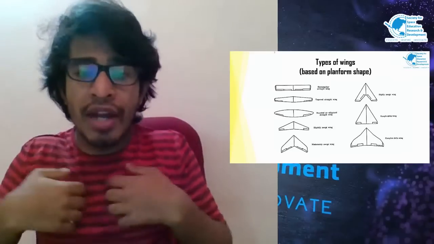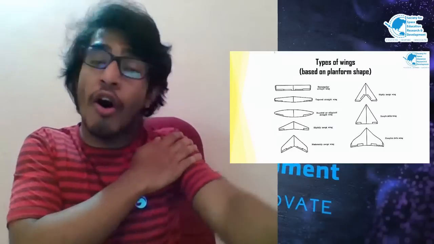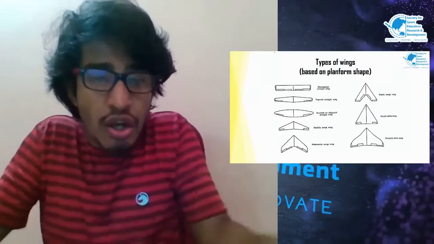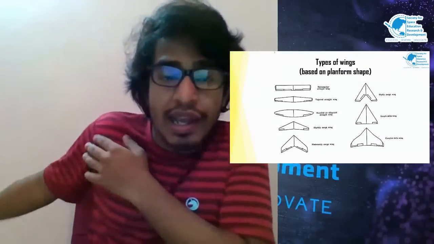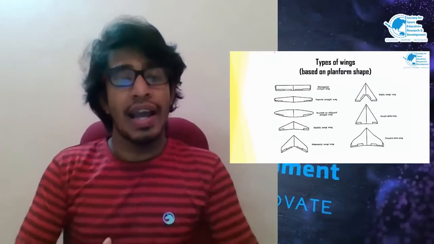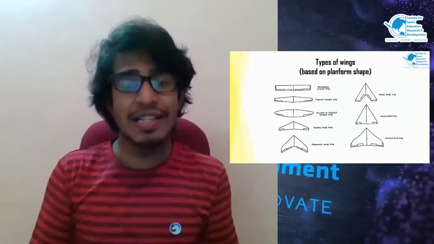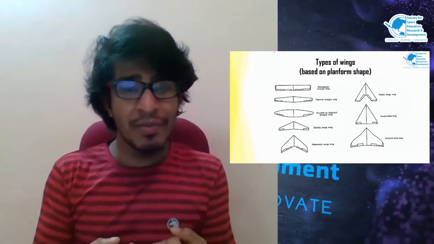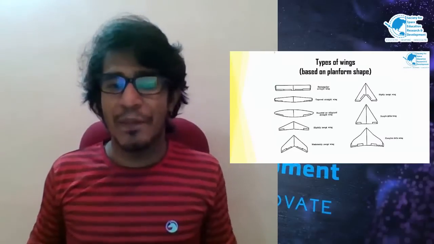However, when you start trying to run, you automatically find that your hands go backward. That is, they sweep towards the back. So this very same concept was employed in the aircraft so that the aircraft experiences very minimum drag. So we have what are called swept back wings.